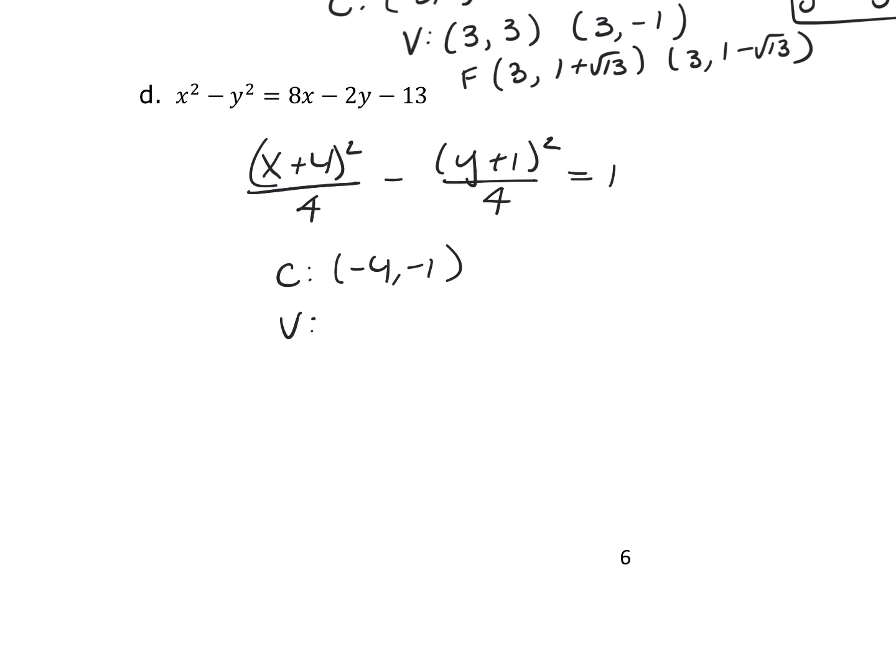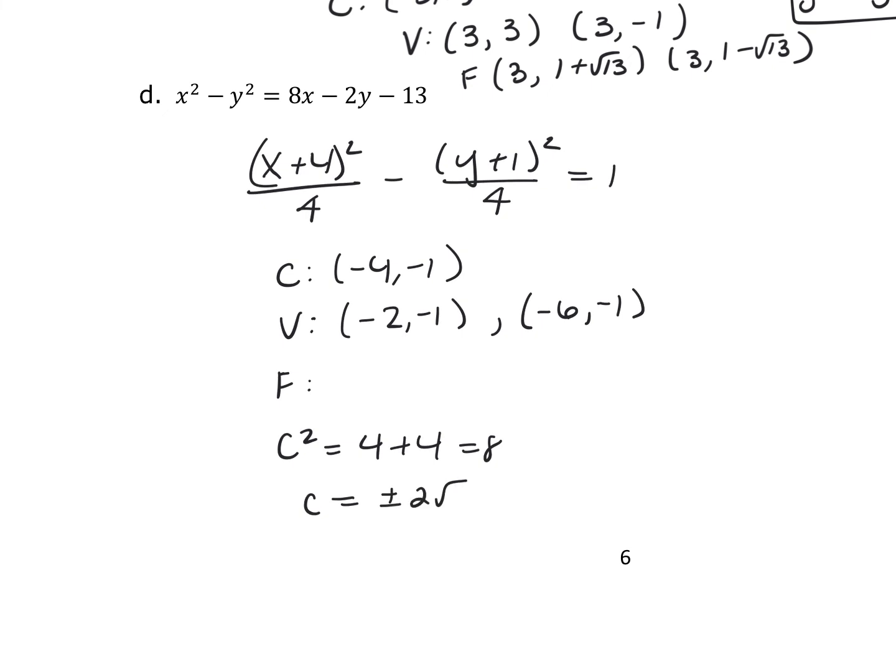So your vertices are going to be (-2, -1) and (-6, -1). To find your foci, c squared is 4 plus 4, which is 8. That means c is plus and minus 2 root 2. So your foci are (-4 plus 2 root 2, -1) and (-4 minus 2 root 2, -1).